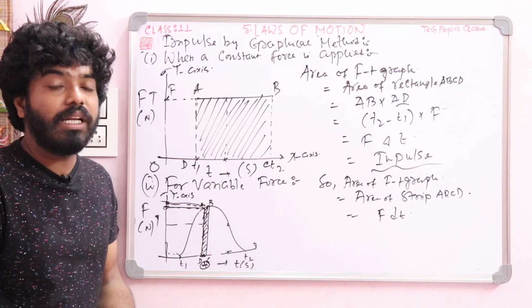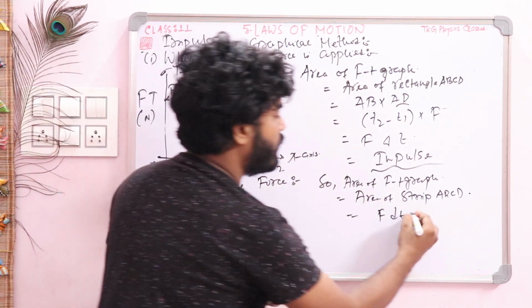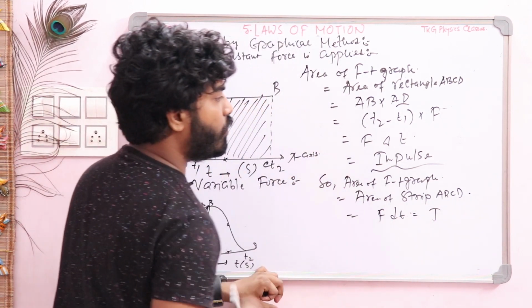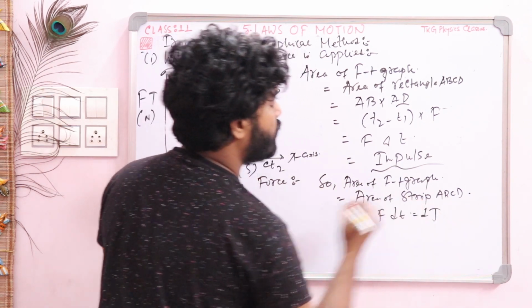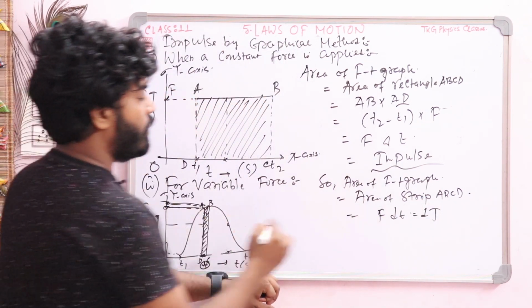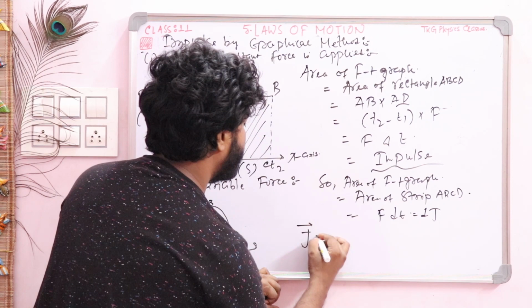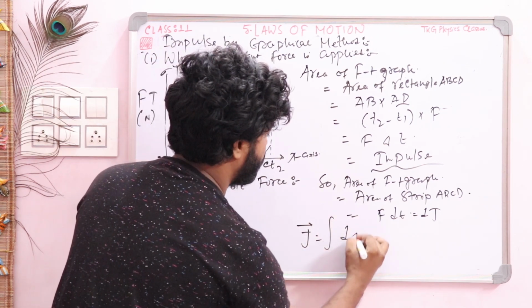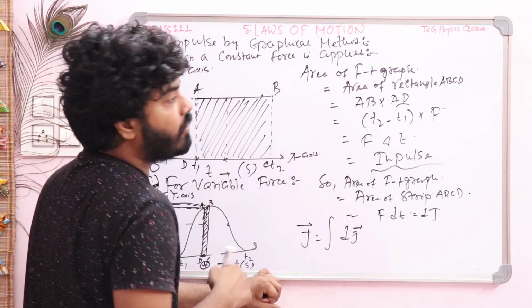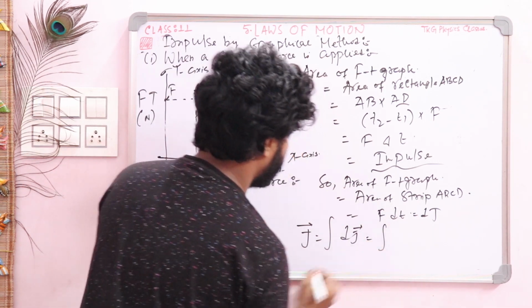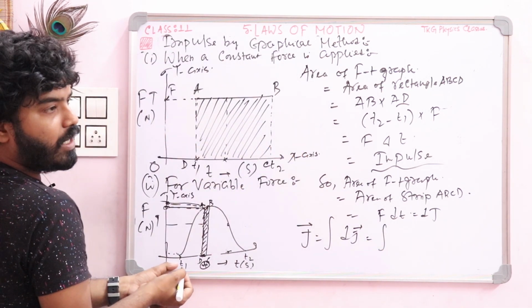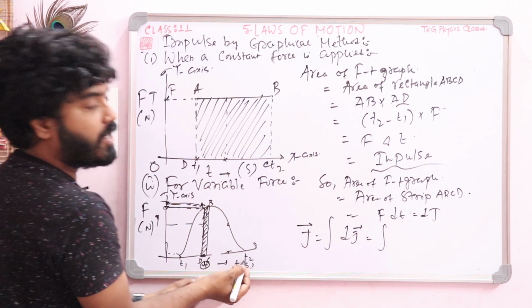So for finding the total impulse, you know F into del t is impulse. Write it, this one is dJ. So the total impulse J will be the integration of dJ, and you know the limits: lower limit t1, the initial time, and final time t2.